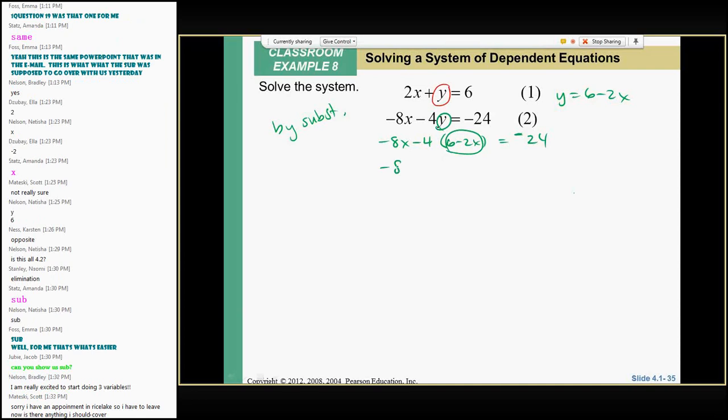Then we distribute: negative 24 plus 8x is equal to negative 24. These will cancel out, so you're left with negative 24 equals negative 24. Is that a true statement? Yes. So we still get the same answer. Does that make sense?